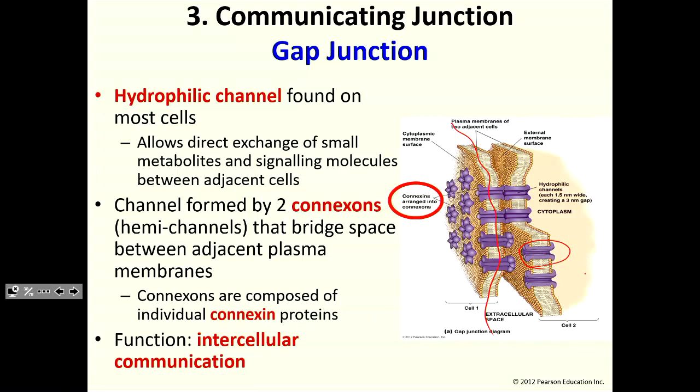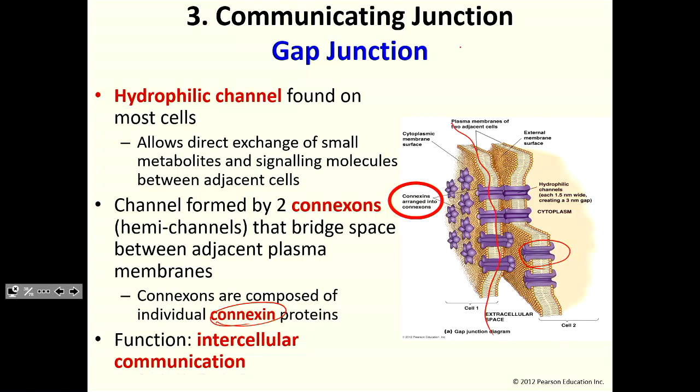And even though it's shown as kind of one thing, it's actually a multi-protein complex. And the proteins that make up the connexons are called connexins. So connexins make connexons, and two connexons together constitute our gap junction. If it's one half, it's not a gap junction. A gap junction provides communication between two adjacent cells.